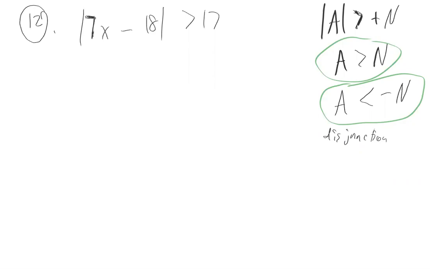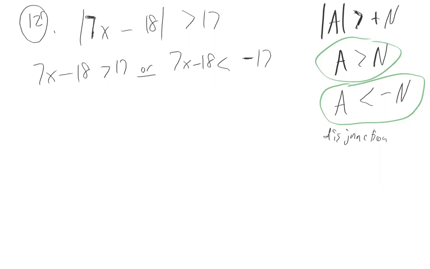So we're going to apply that principle to this problem. The absolute value of 7x minus 18 greater than 17 means that 7x minus 18 is greater than 17, or 7x minus 18 is less than -17, right? Because it's either greater than a positive number or less than a negative number.